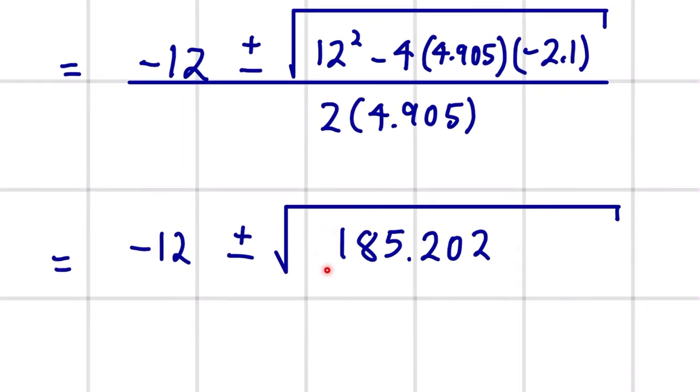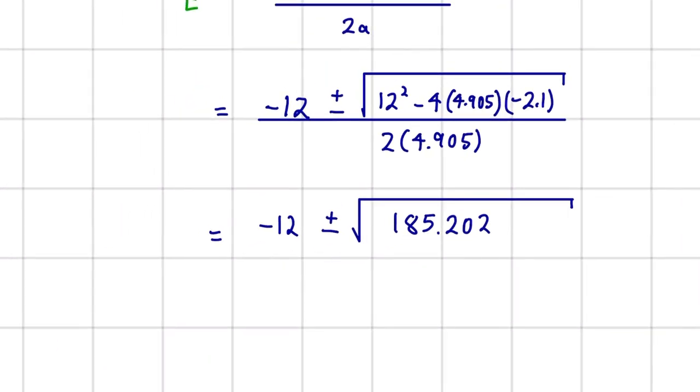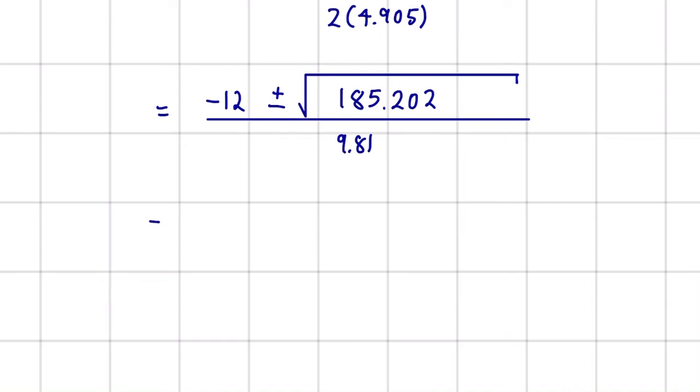That's why we have a positive number under the square root. That is over 9.81, which is just multiplying the 2 times the 4.905. And then if we take the square root in our calculator, it'll give us a value of 13.61.